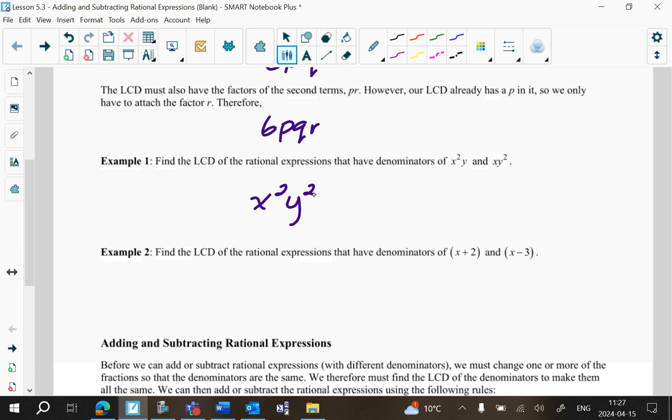I've already got two x's being multiplied into it, so I don't have to put another one. y squared is the most number of y's that I see, but I don't have to put y cubed because y squared is enough. So x squared y squared.